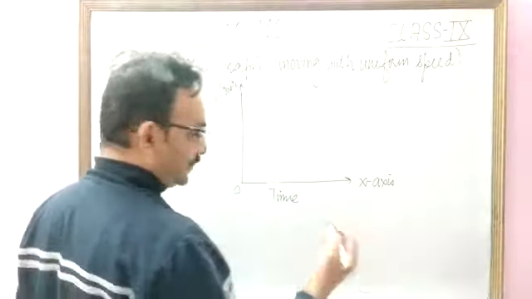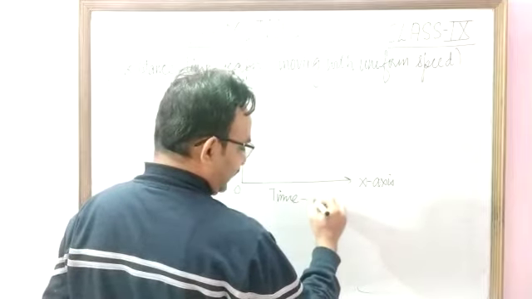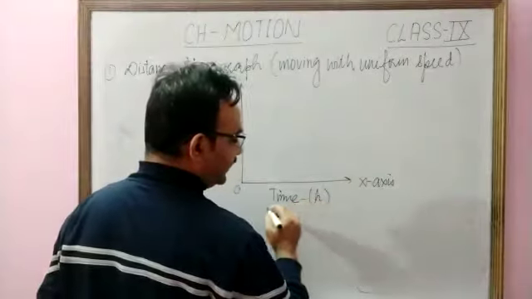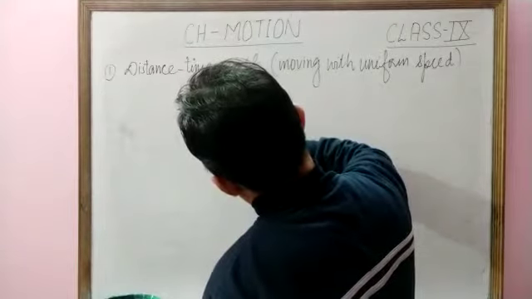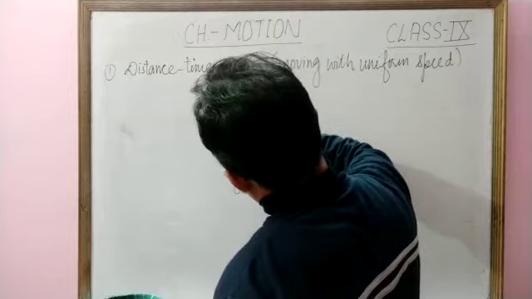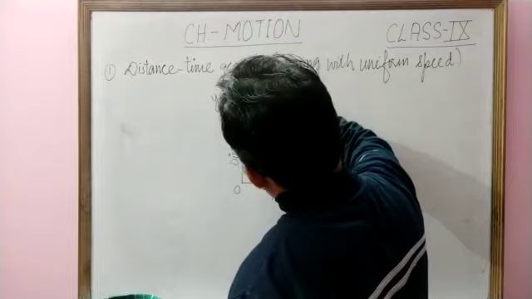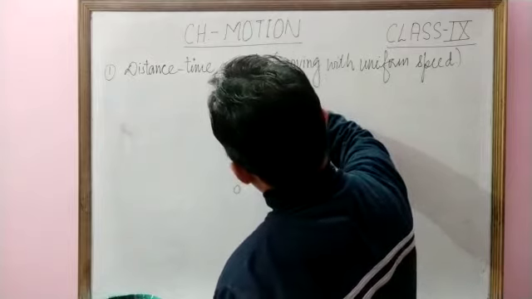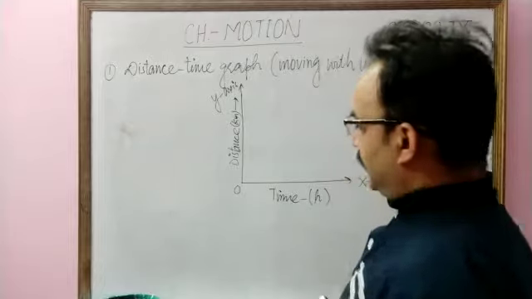Clear? So suppose that here we are drawing with time given in hours, and distance is the dependent variable in kilometers along the y-axis.